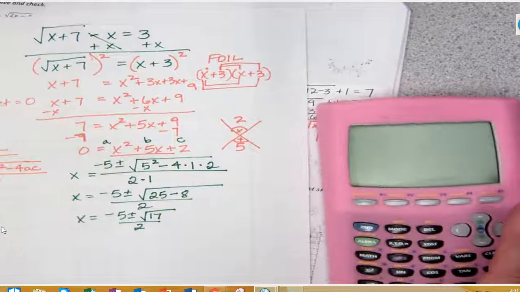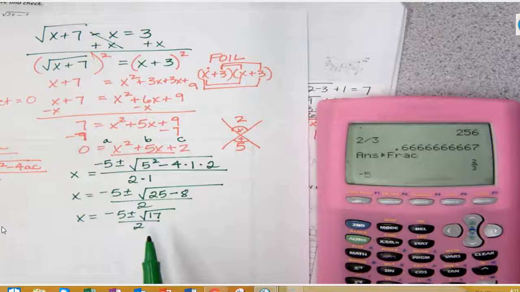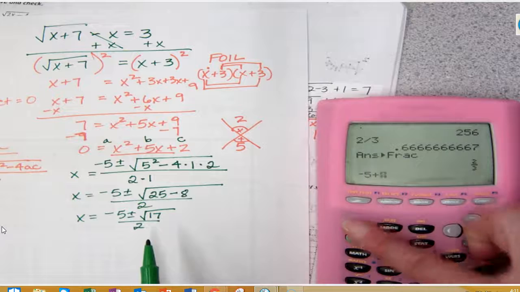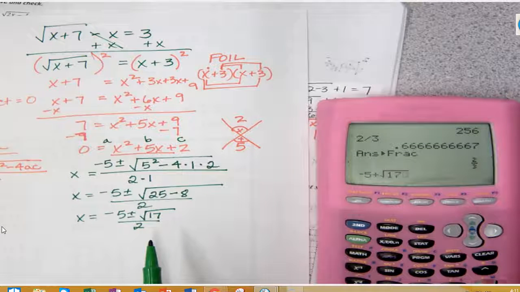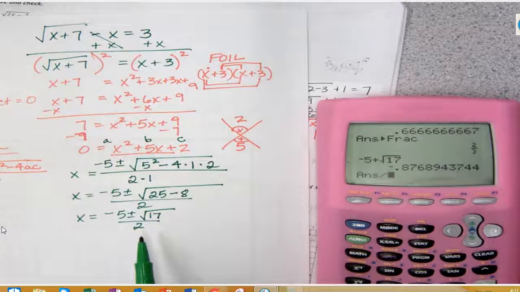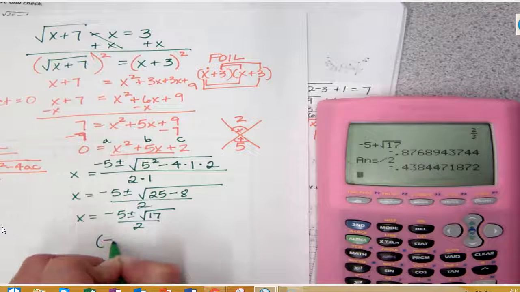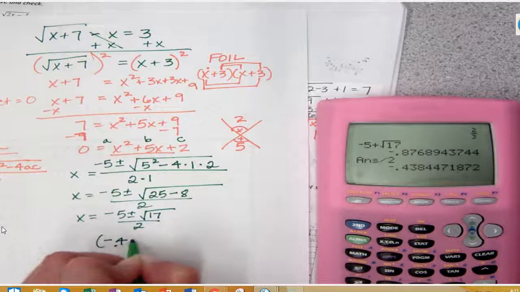Now you can actually plug it in your calculator and figure out what your actual number is, and you get negative 5 plus the square root of 17, that divided by 2. So one of your x values is negative 0.438.